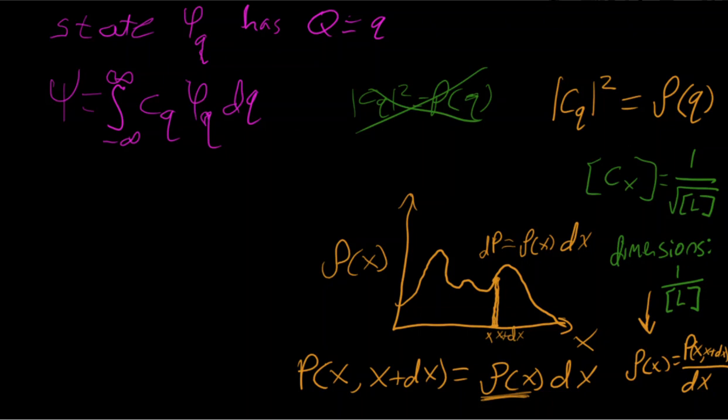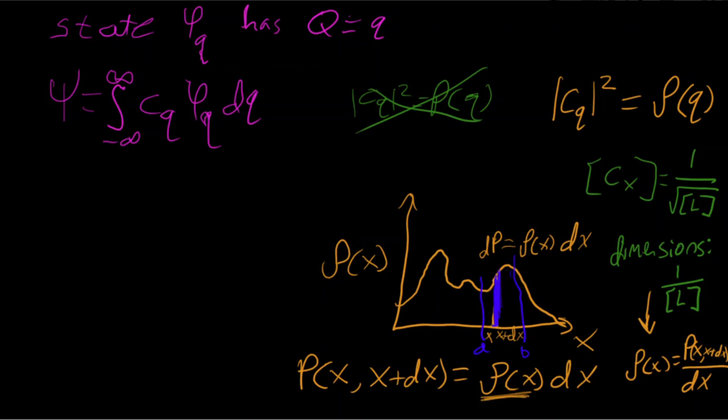If we wanted to know the probability between this point A and this point B, we would just add up all the little rectangles, because the area of this rectangle is the probability, since this dp is this distance times the probability density. Then we'd have to add the probability here, here, here, here, infinitely adding up the infinite continuous amount of infinitesimal probabilities.